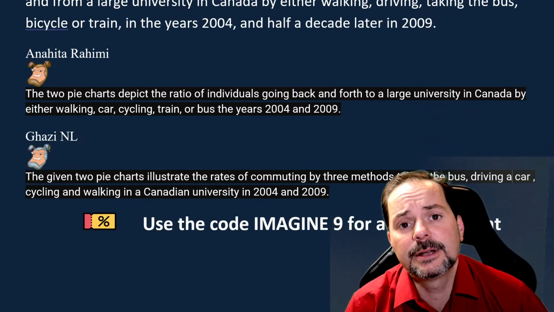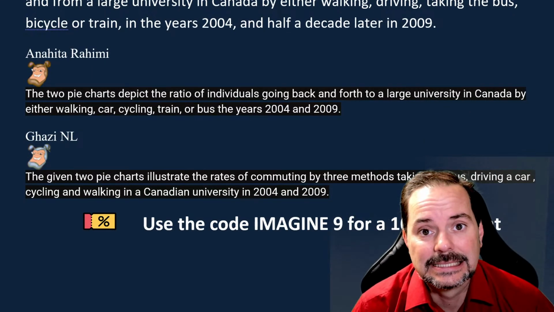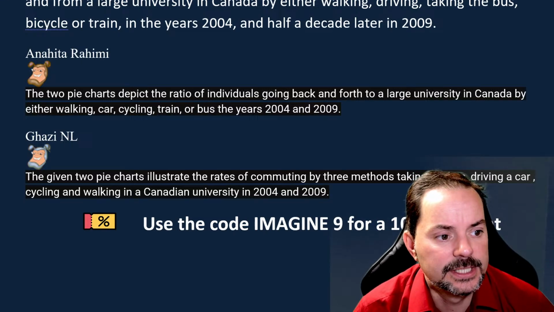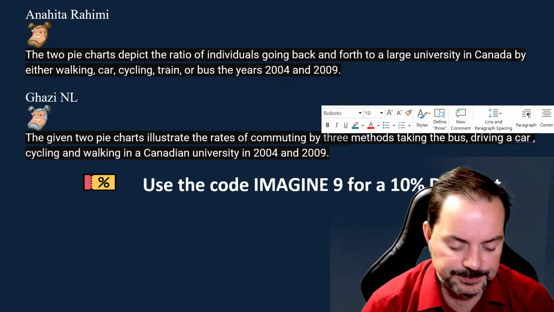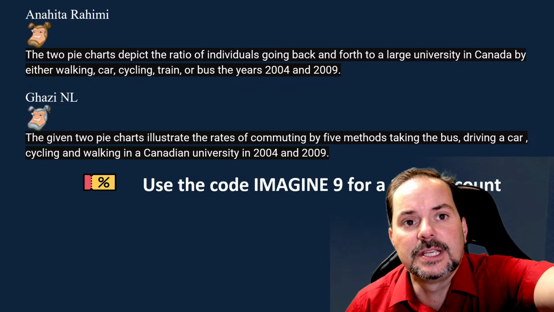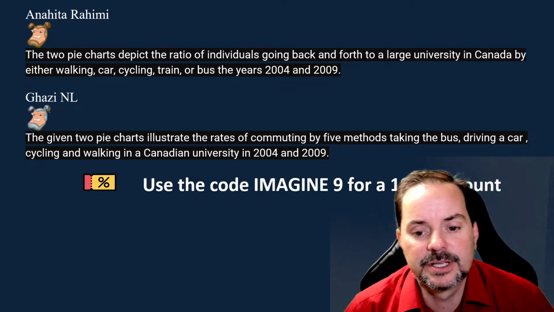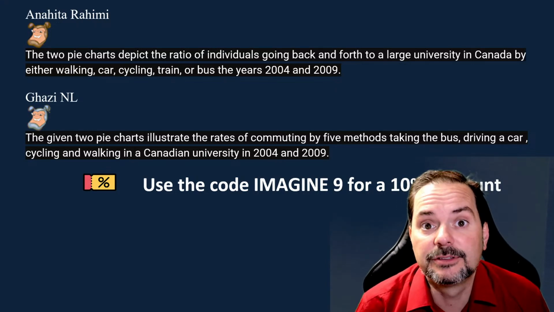So for the academic IELTS, everyone, your content is important. If I catch this mistake, Ghazi, I will penalize you as a content mistake. So you have to be careful by 5 methods, right? Now, of course, I know in these live classes you don't see the charts all the time on the screen because I'm moving it up and down, so sometimes you're just taking a guess, but still you have to pay attention to that.